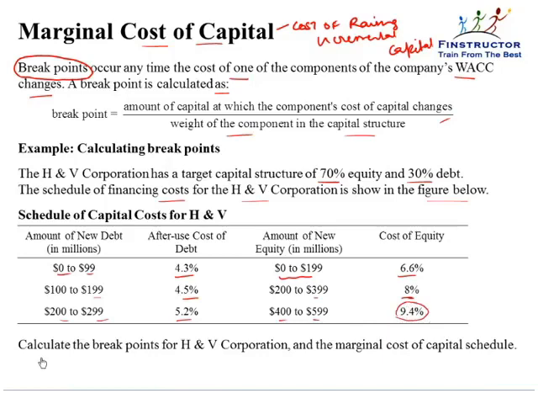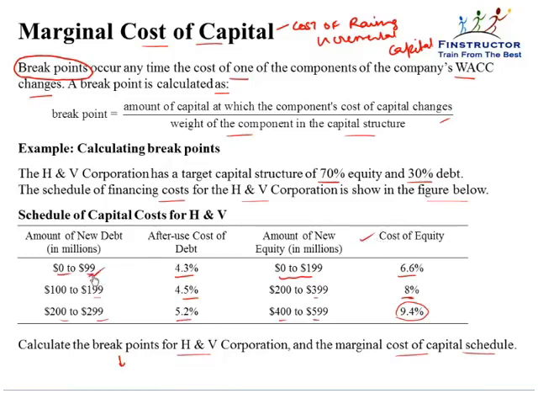Question asks, calculate the breakpoints for H&V Corporation and the marginal cost of capital schedule. So a breakpoint is where your WACC will change, or where the cost of either debt or equity, that is any one component, changes.